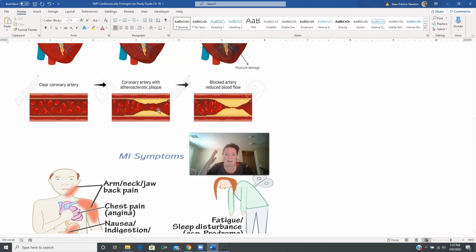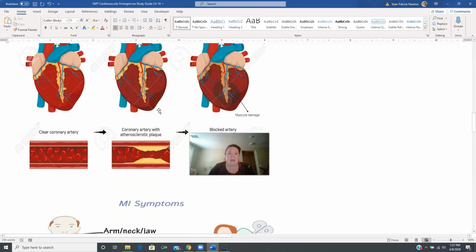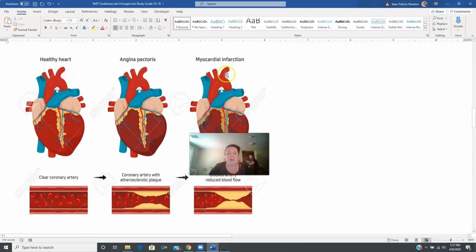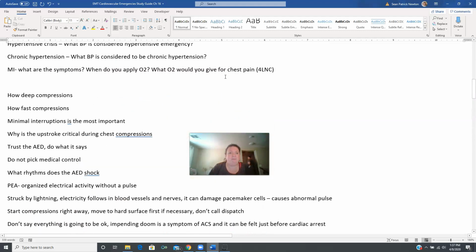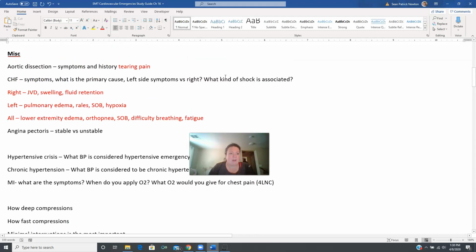And so the heart is going to send a signal to the brain saying pain. And that's angina. And then here's our myocardial infarction. Okay, so stable is the pain is relieved by rest or nitroglycerin.